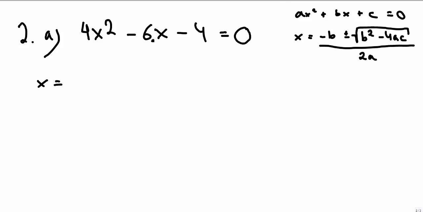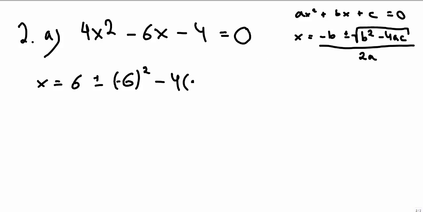So minus b, which is going to be actually 6, because remember b is minus 6, and then minus 6 will be 6. And then plus minus, and then I'm going to write minus 6 squared minus 4, and then times, I'm going to use bracket instead.